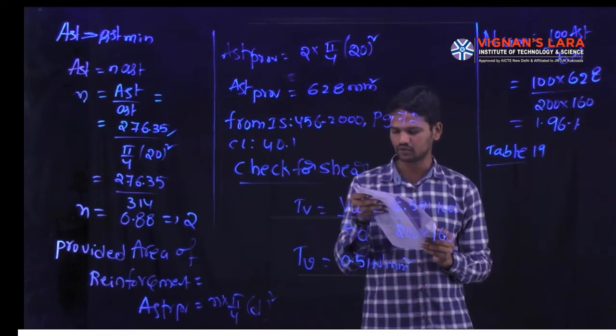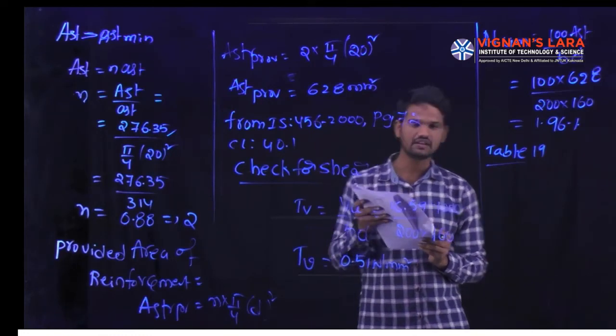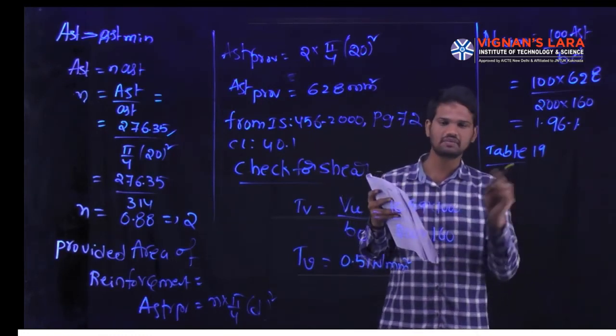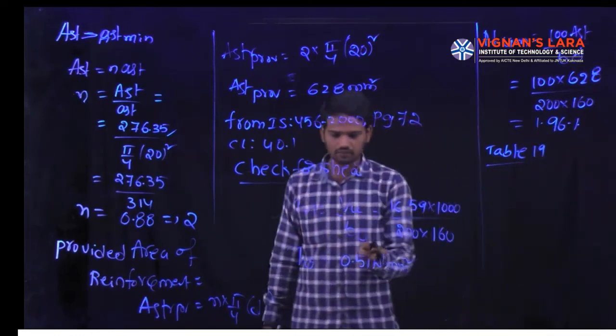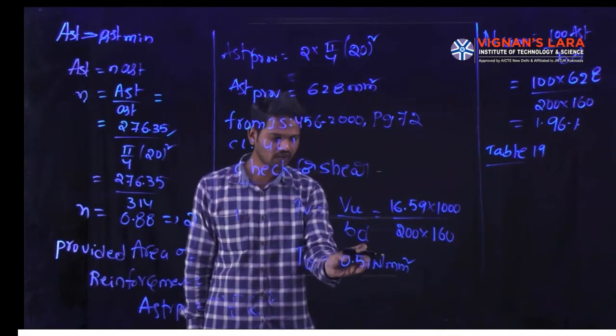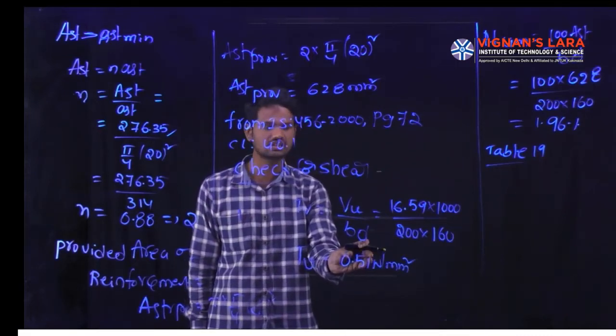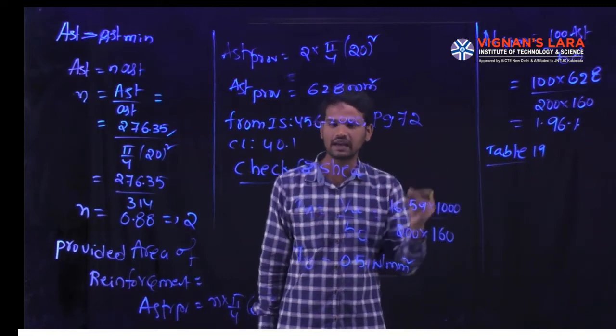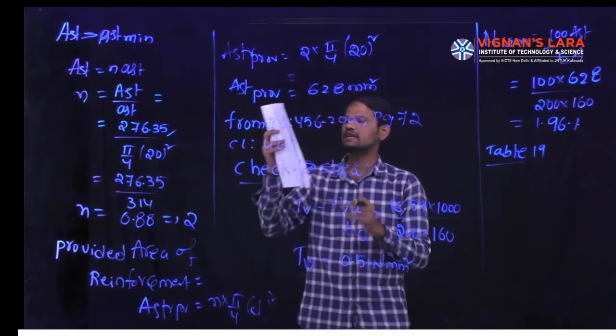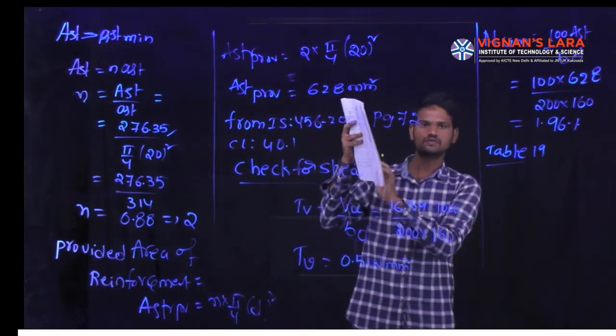For 100 Ast divided by bd, I am taking the value for 1.96. We have to calculate the percentage limit, how much shear stress corresponds, from the IS 456 code book.